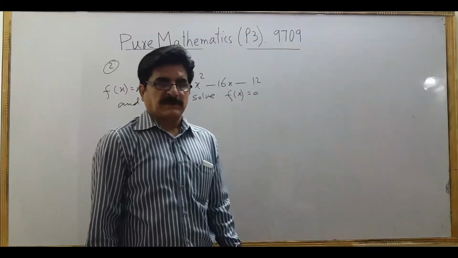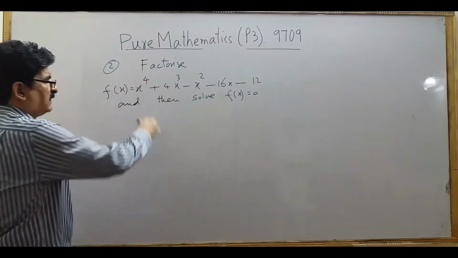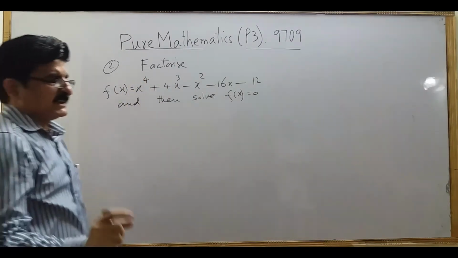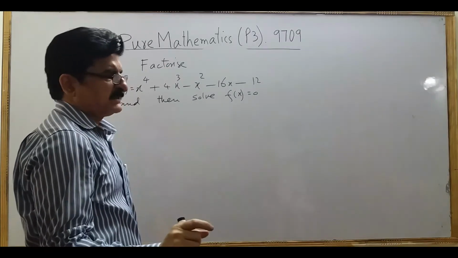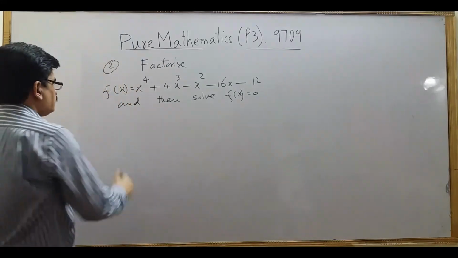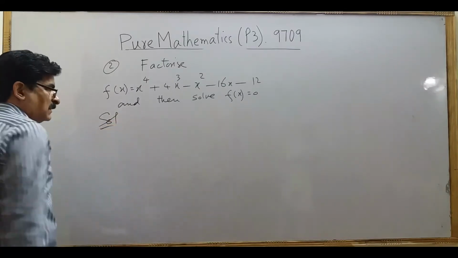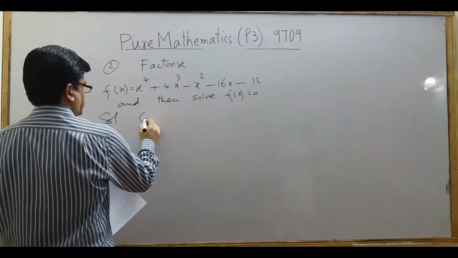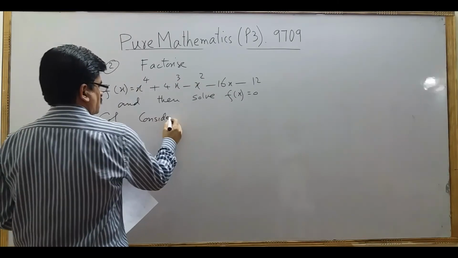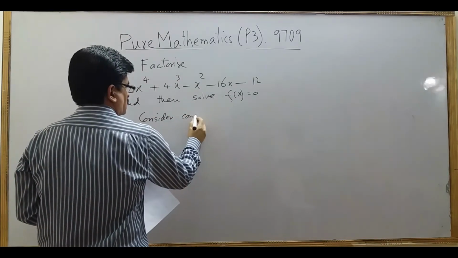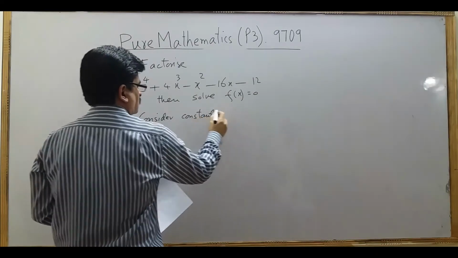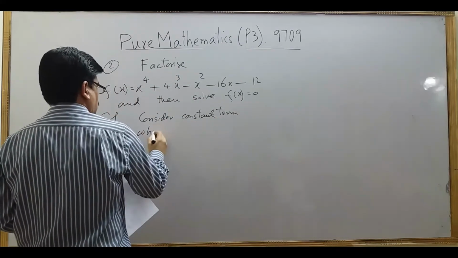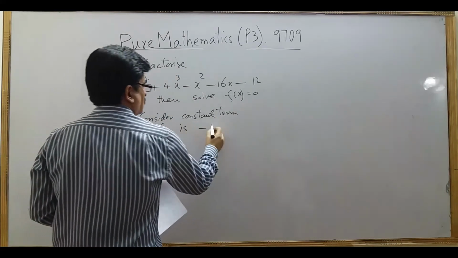We have a second example. Here we have a polynomial with degree 4. In your syllabus we have maximum degree 4, not 5, not 6. Now consider again the constant term, which is minus 12.